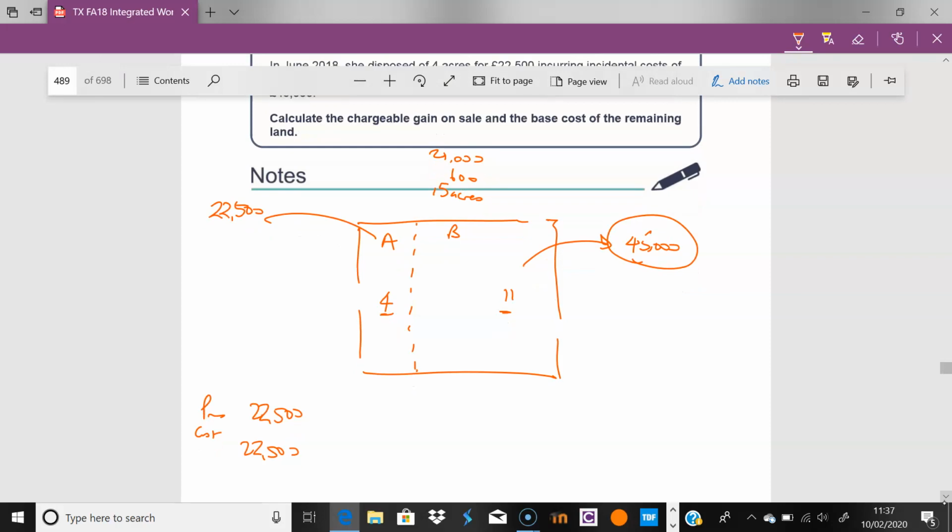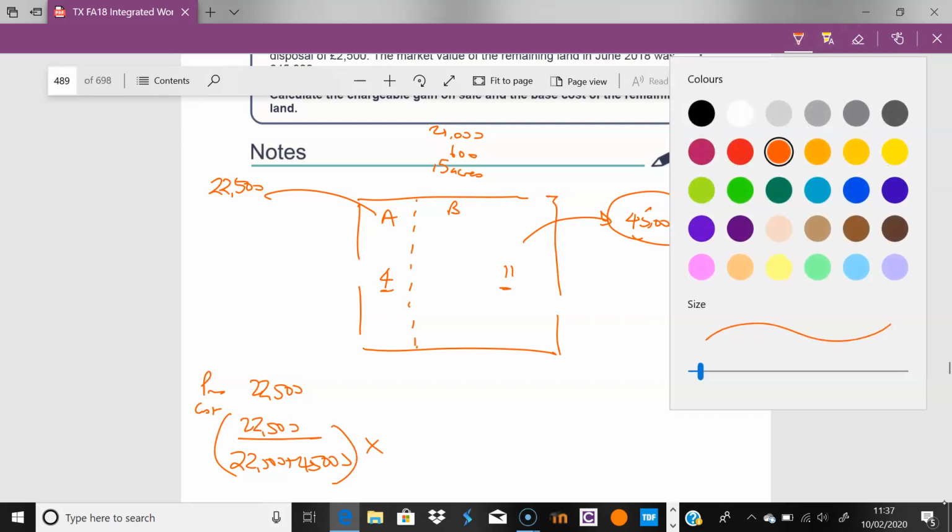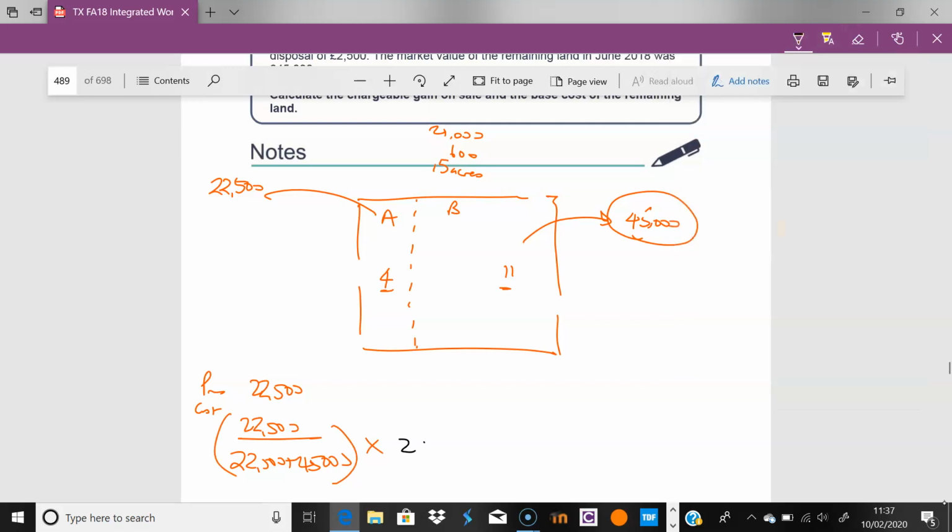22,500 divided by, as a ratio, 22,500 plus 45,000, times 21,000.